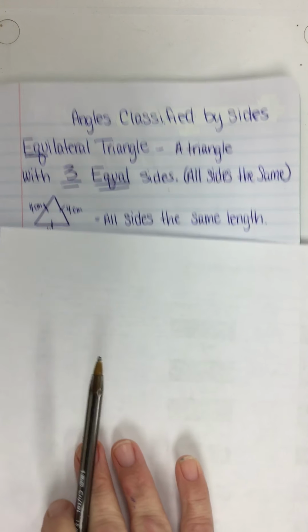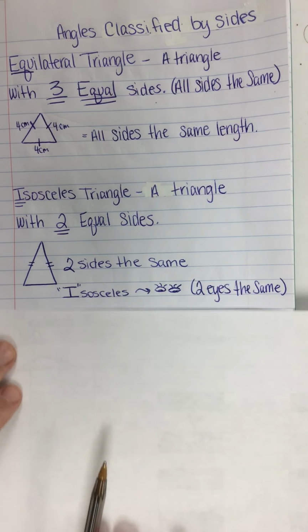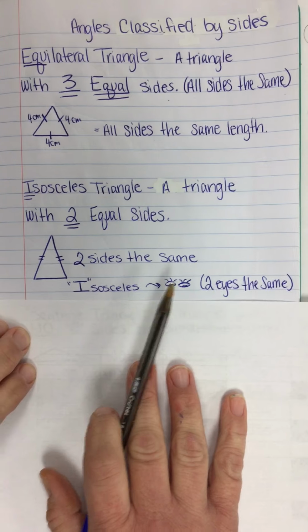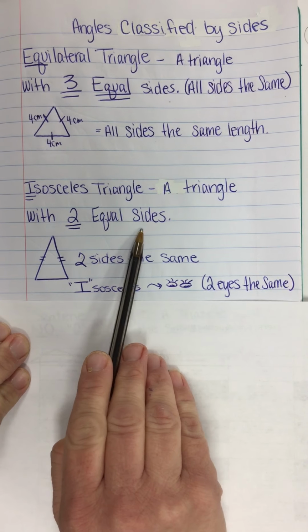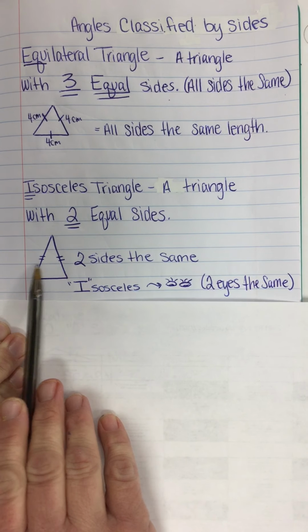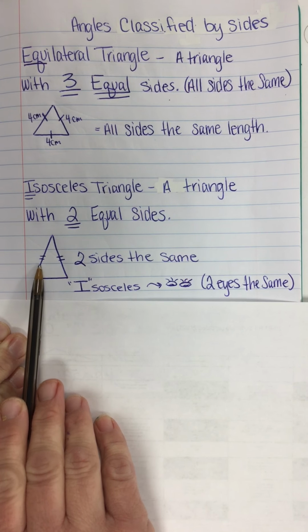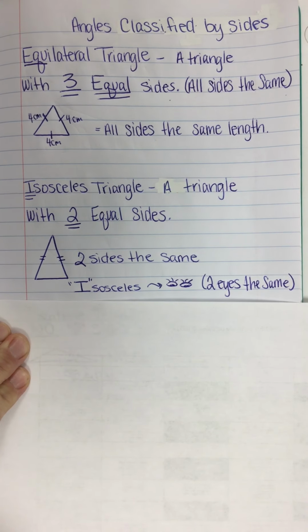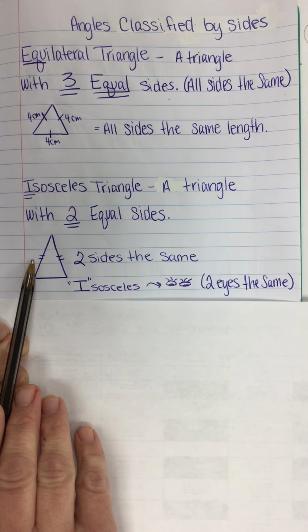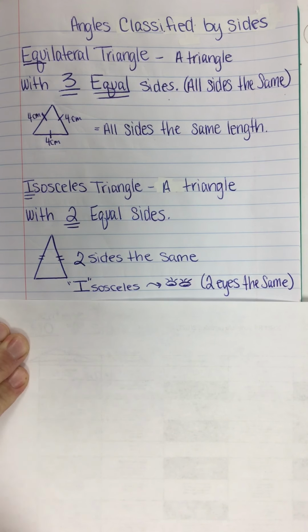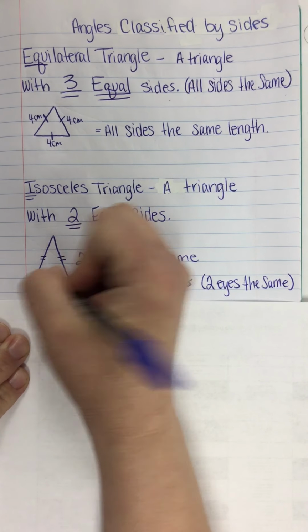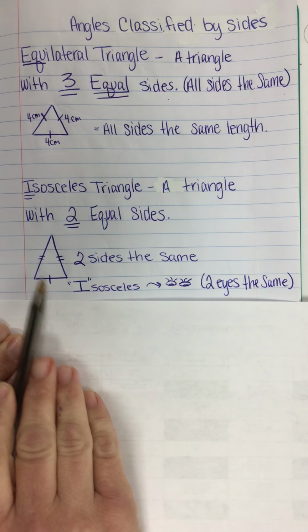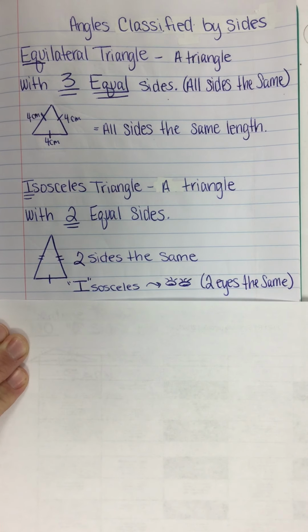After equilateral is isosceles. I like the isosceles triangle because it's a triangle with two equal sides. Notice it has two markings, both of them the same. I could have used just one mark; either way, I'm indicating that they're the same. If I put one here, that means this side is different from those two sides.